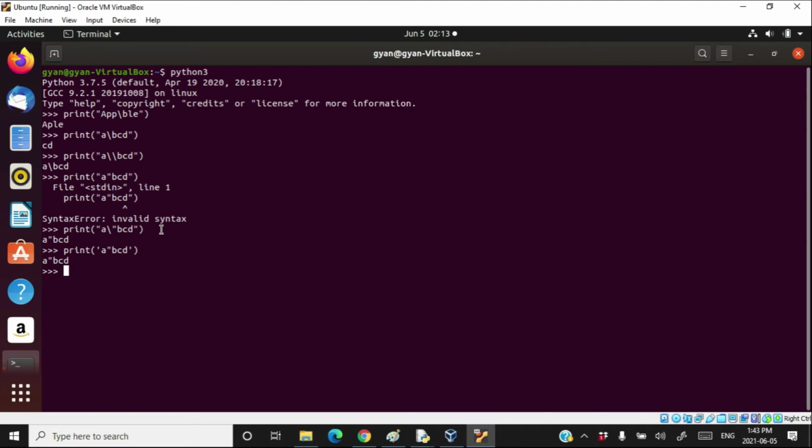As you know, a string can be enclosed in both single quote and double quote. In a similar way, if you have enclosing double quotes, you can put a single quote inside and press enter. That means the quote which is different from the enclosing quotes can be placed in between.